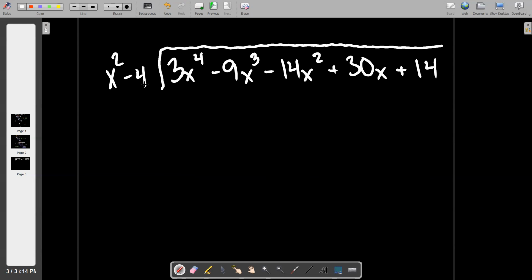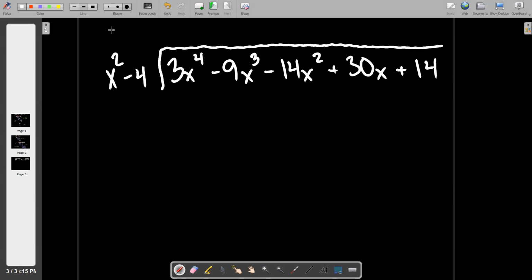The reason I care is because if I don't fill it in, then as I'm working through the process, things start not lining up with each other. And I'm not saying that you have to put in the missing term, but if you don't, it gets a little bit weird. So my advice to you, and when I do this on the board with you, I will always plug any missing terms with 0 of that type.